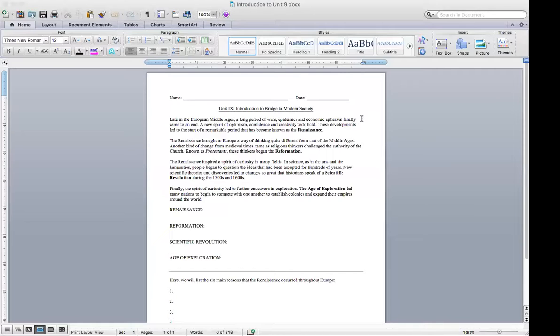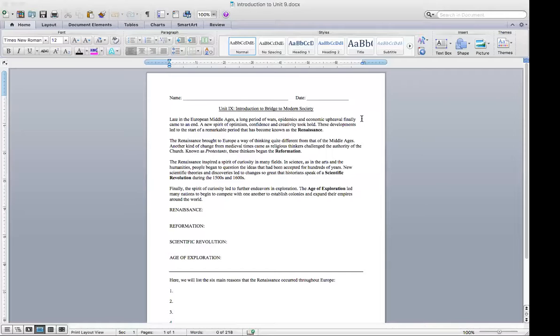In science, as in the arts and the humanities, people began to question the ideas that had been accepted for hundreds of years. New scientific theories and discoveries led to changes so great that historians speak of a scientific revolution during the 1500s and 1600s. Finally, the spirit of curiosity led to further endeavors in exploration. The Age of Exploration led many nations to begin to compete with one another to establish colonies and expand their empires around the world.